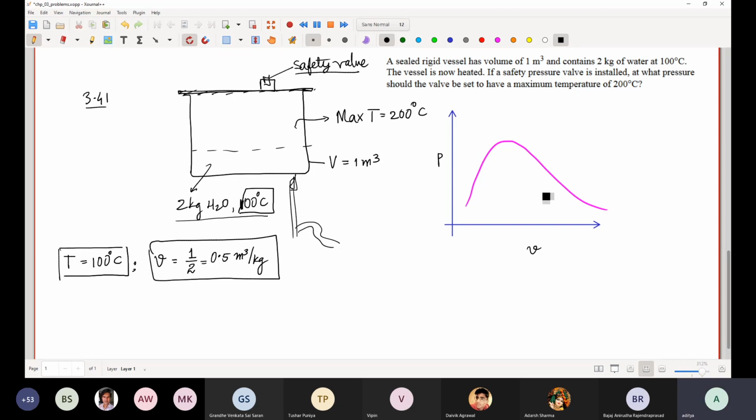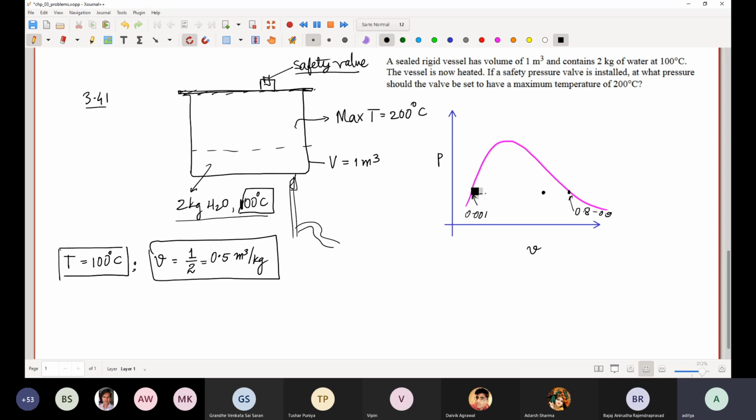Suppose the point is here. If you recall, I told that this particular specific volume will be like 0.001 something, and this specific volume will be 0.8 or 0.9 something. This is only for water, so you can safely assume the point is over here. Actually, it doesn't matter.